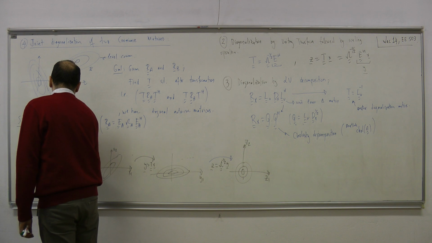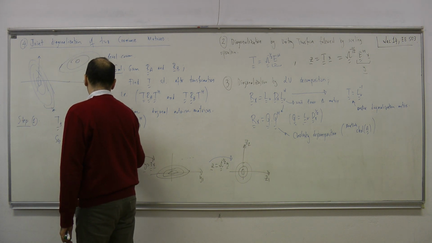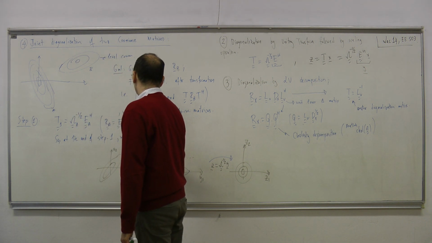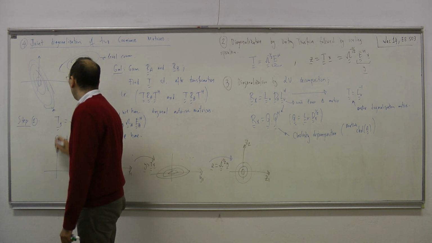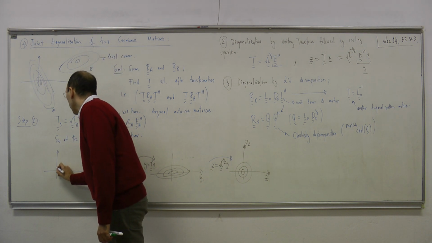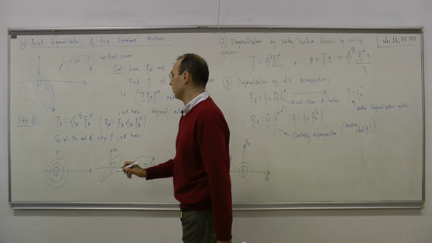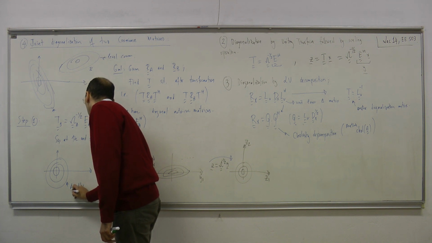So at the end of step 1, let me draw a picture for this. Now A, after transformation, is concentric circles. So this is A after step 1.